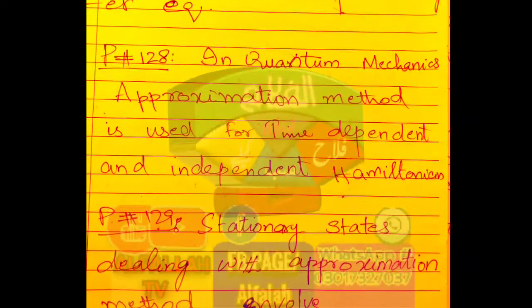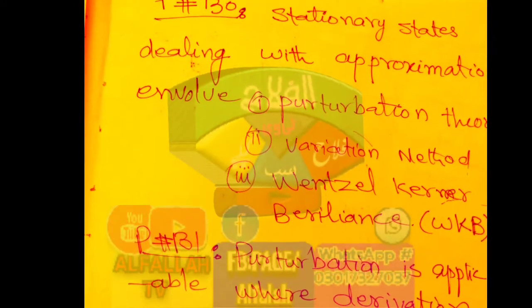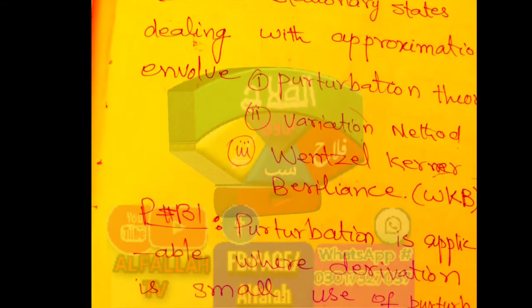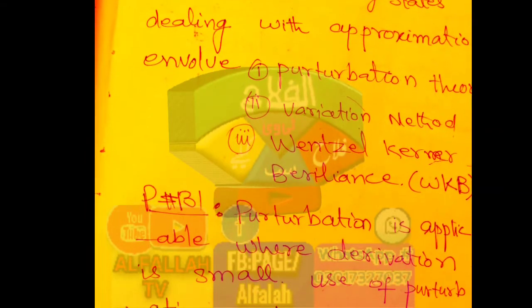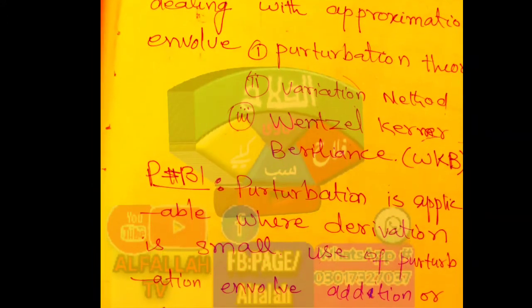Point number 129, stationary state problems dealing with approximation methods involve perturbation theory, the variation method, and WKB theory, that is Wentzel, Kramers, Brillouin.